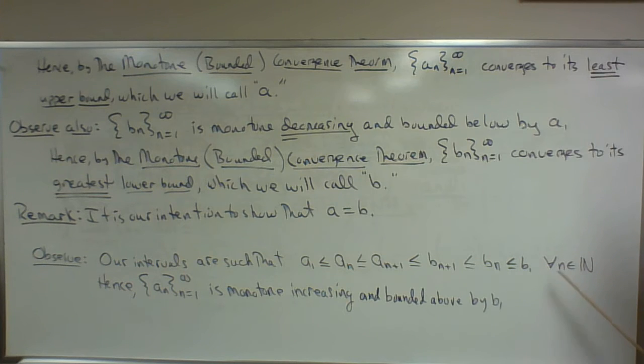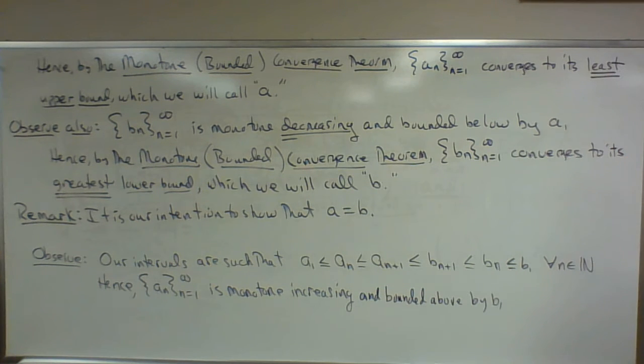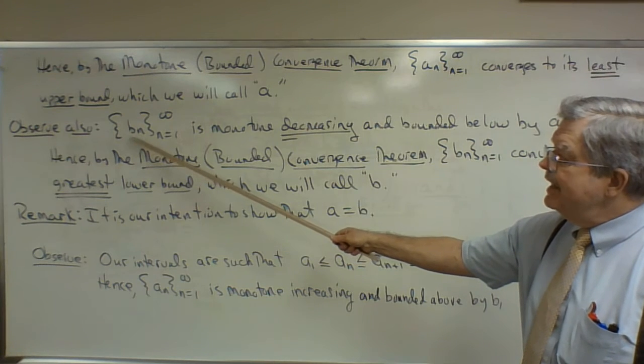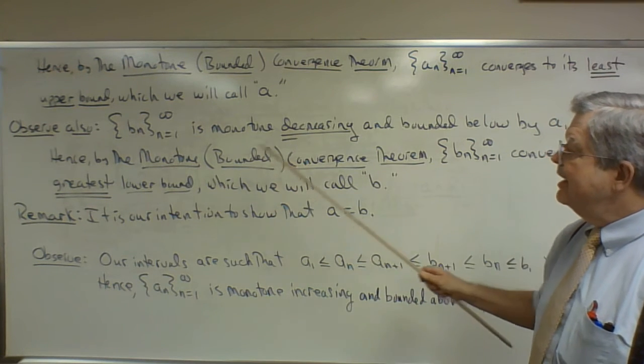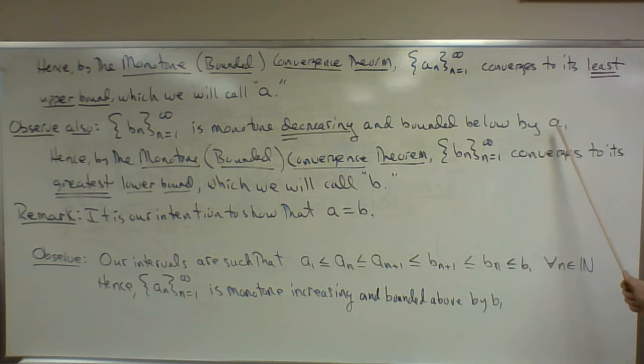And not only that, for all natural numbers n, b sub n is greater than or equal to a sub 1. So this sequence of right endpoints, b sub n, is monotone decreasing, and it's bounded below by a sub 1.